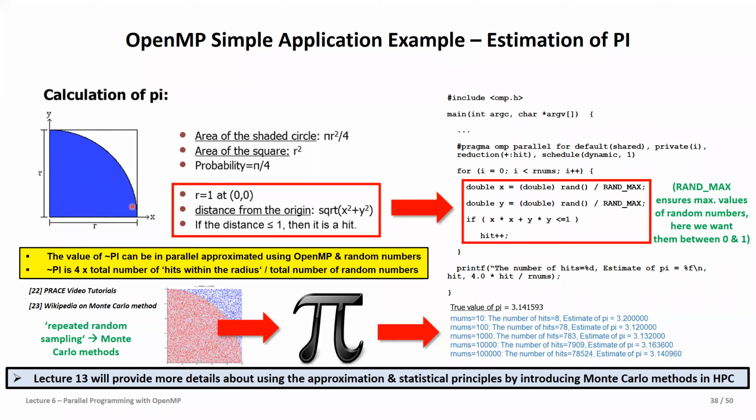The area of the shaded circle is something like the radius to the power of 2 divided by 4 times pi. And then the area of the square would be a complete radius to the power of 2. But the probability would then be to divide it again by 4.